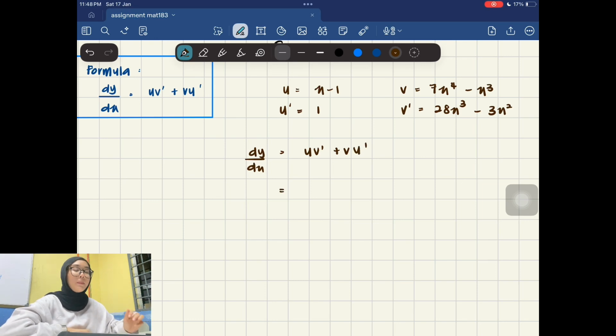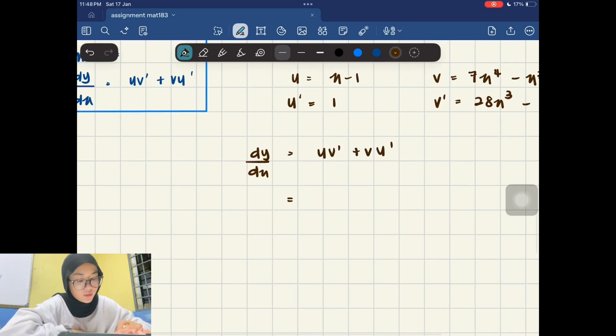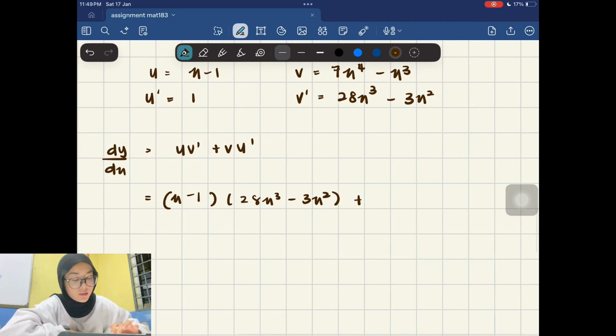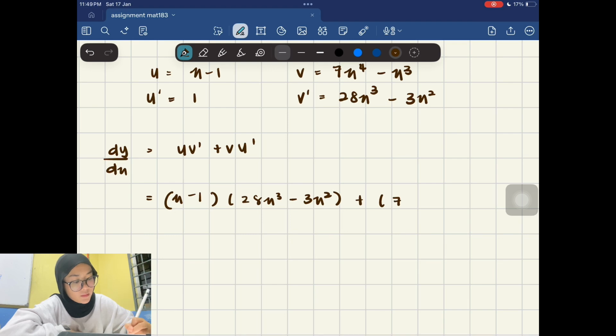So just substitute all the numbers that we have differentiated into the equation, and now we will get (x minus 1) times (28x to the power of 3 minus 3x to the power of 2) plus (7x to the power of 4 minus x to the power of 3) times 1.